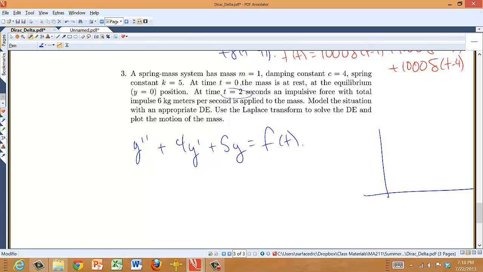It's an impulsive force, so it acts over a 0 amount of time. It acts instantly at time 2. So once again, here at time 2, our force looks like that. And it has a total impulse 6, so my f of t is going to be 6 times delta t minus 2. And that's it.